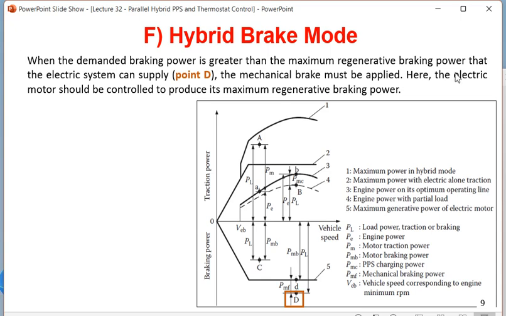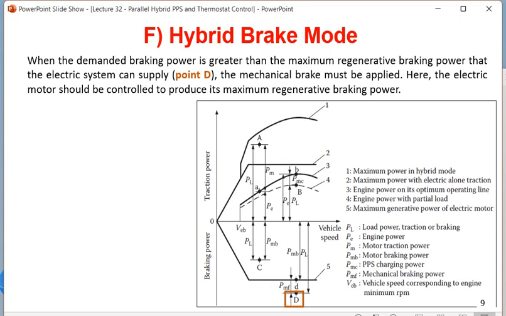The last type of mode: in this case the demanded braking power is greater than the maximum regenerative braking power that the electric system can supply. So you see graph 5. What is graph 5? It is the maximum generated power of the electric motor in the reverse direction. There is no difference between 2 and 5, only 2 is in the forward direction and 5 is in the reverse direction. If 2 was the maximum electric power in the forward direction, 5 is the maximum power in the reverse or brake direction.